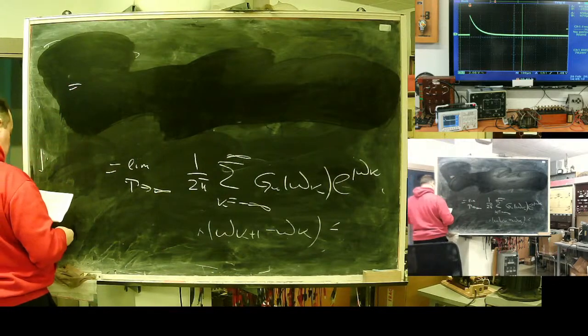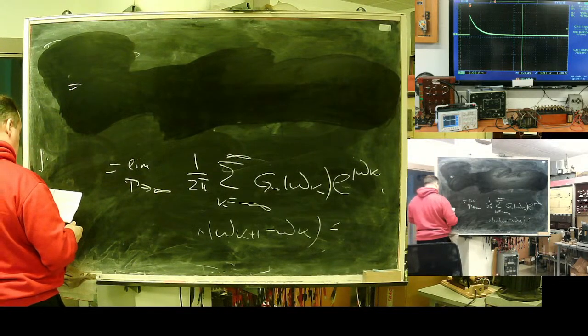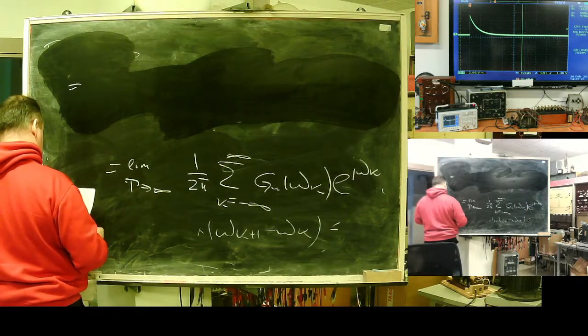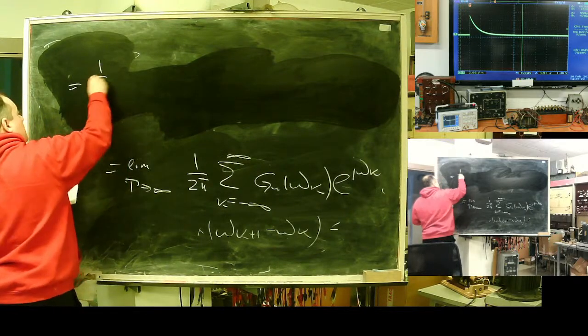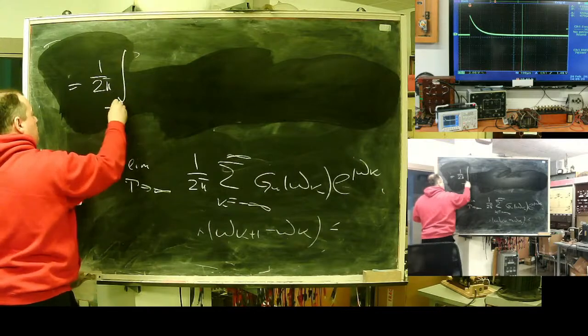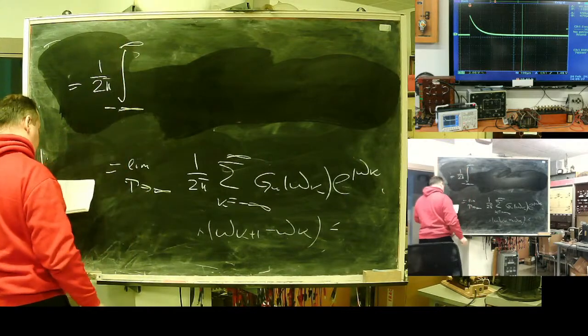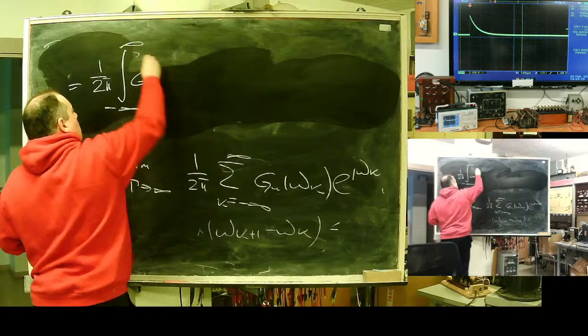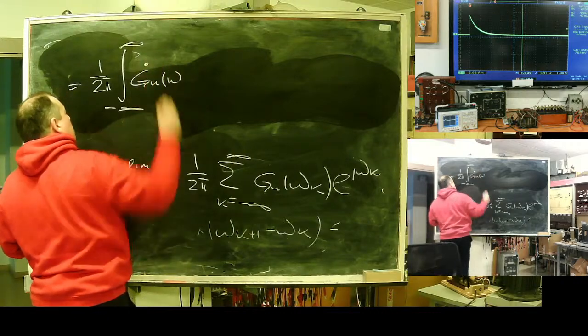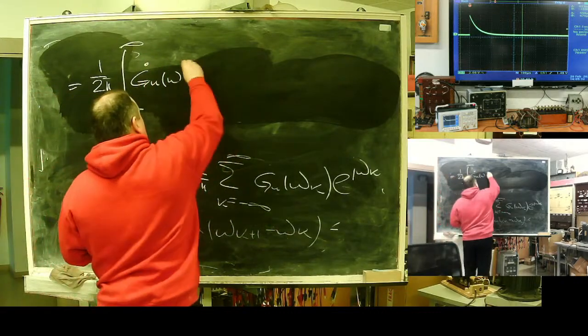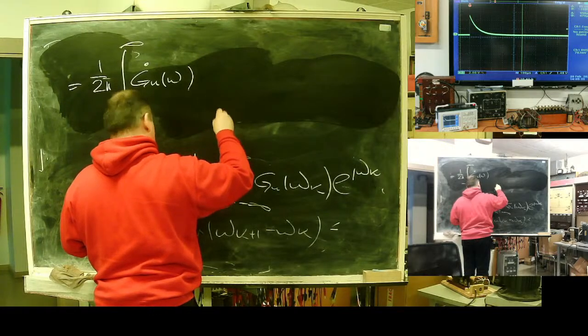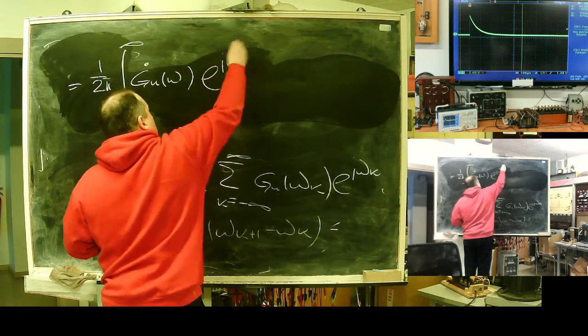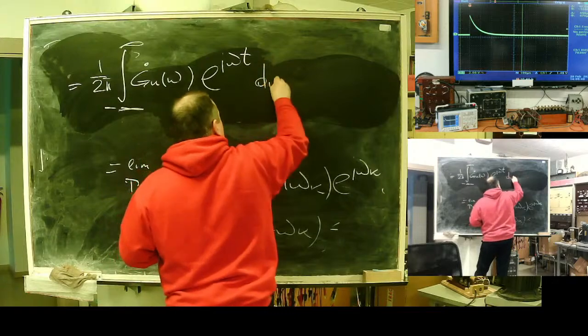Yielding the result: again 1 over double P, the integral from minus infinity to infinity of the complex F of omega d omega.